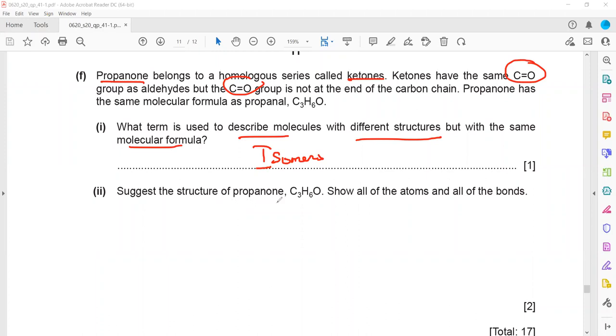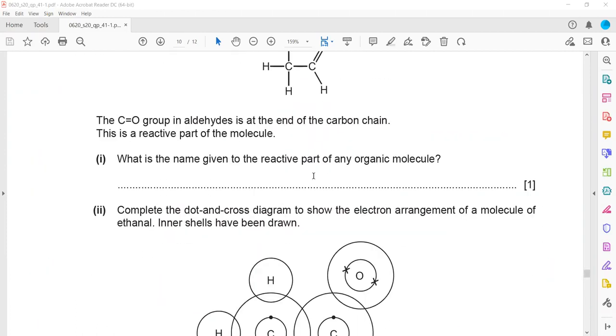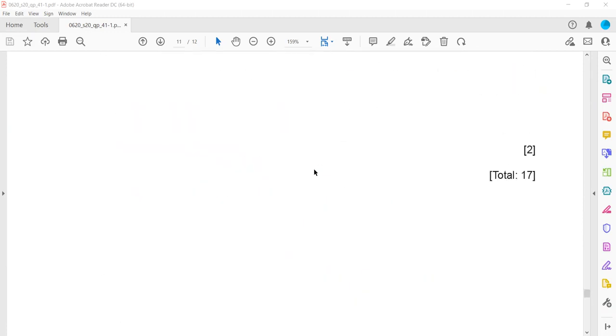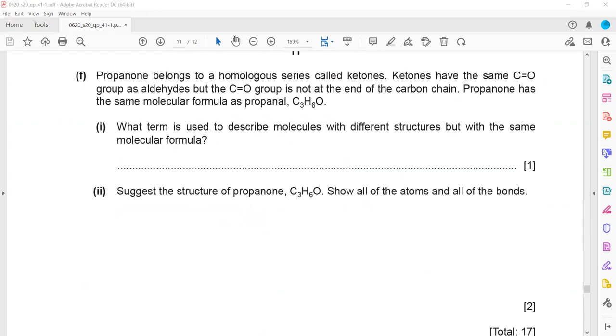Then suggest a structure of propanone. As they mentioned here, this is propanal, and this is ethanal. For propanone, they mentioned the C double bonded with O is not at the end.